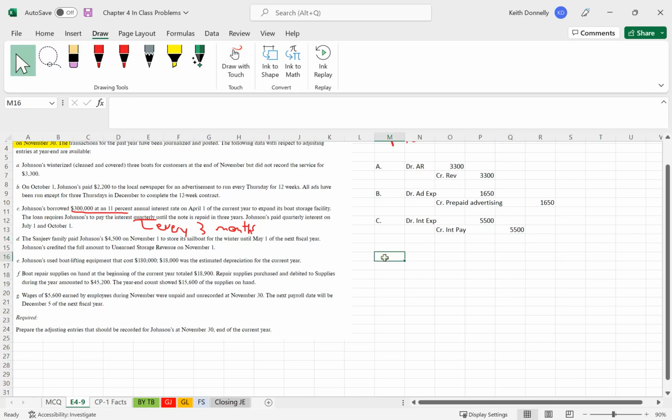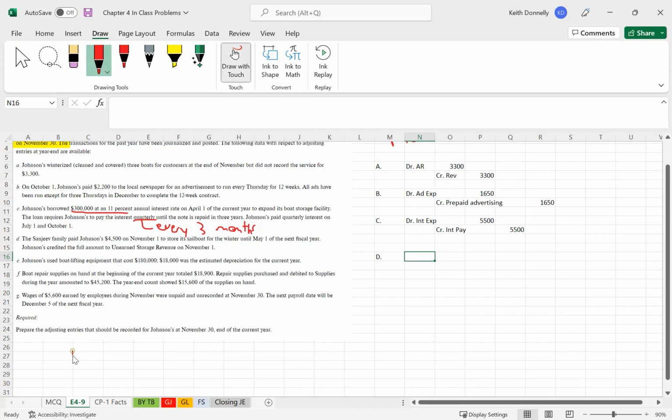Okay, let's look at D. It looks like a family paid the boat company $4,500 on November 1st to store the sailboat until May of next year. Basically, a customer gave us money in advance. At that point in time, we had unearned revenue on it.